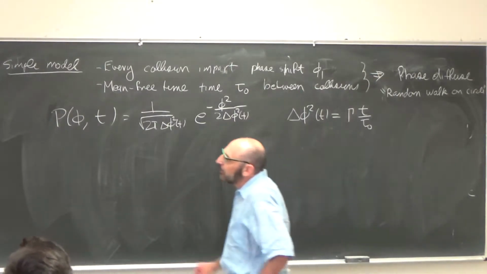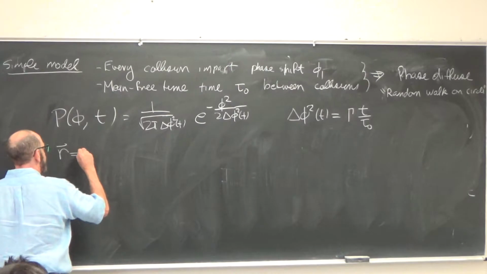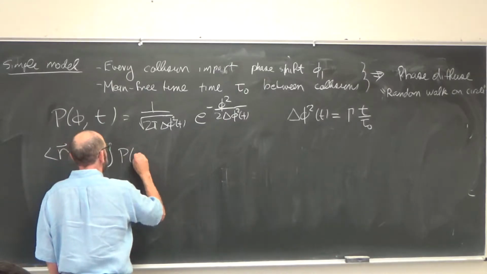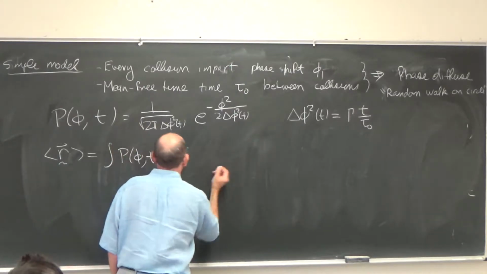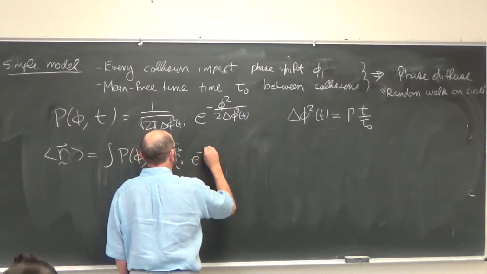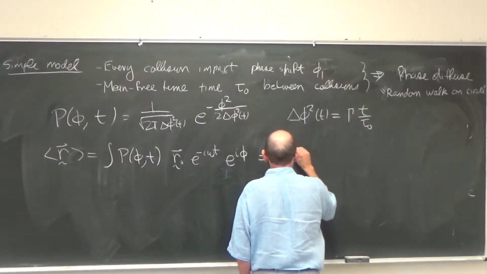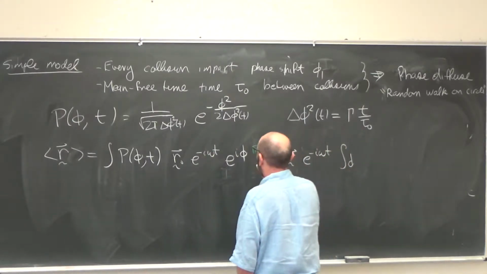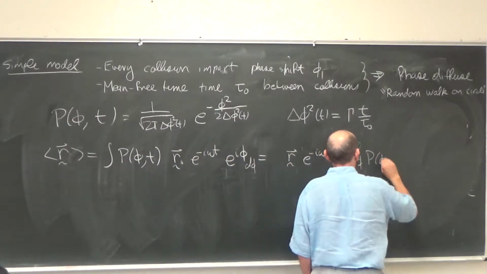So now if I were to ask, what is the average position of this thing, averaged over the probability distribution? Let's look at the complex amplitude. This is the Fourier transform, integrating here over phi, of the probability distribution.